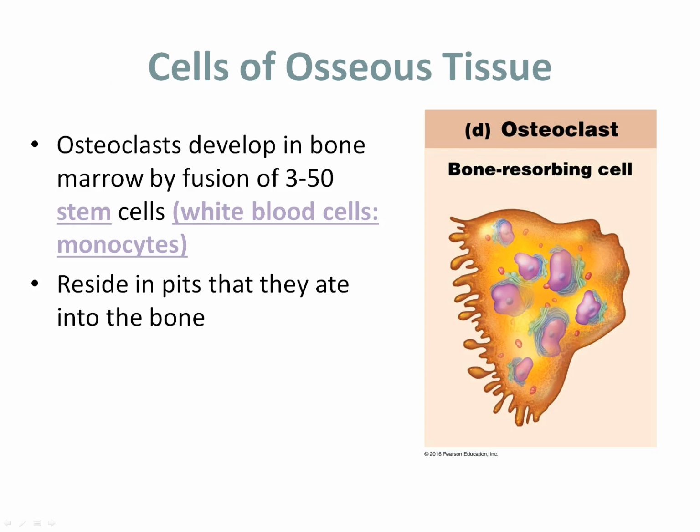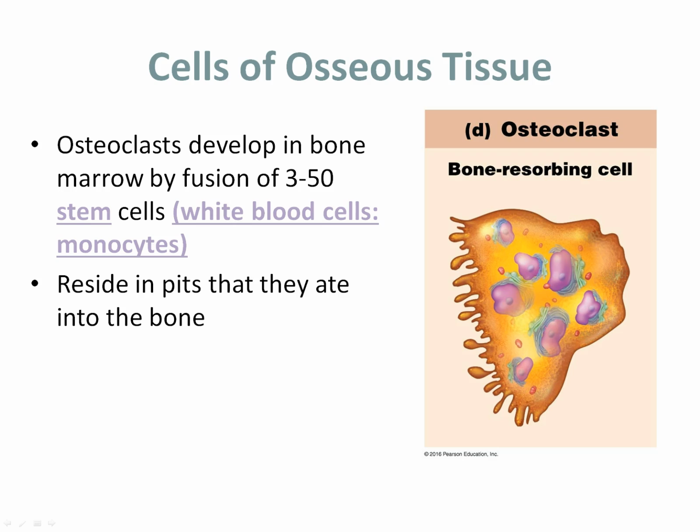Our fourth and last cell of osseous tissue is the osteoclast. This is a bone resorbing cell, and these develop in bone marrow by the fusion of 3 to 50 stem cells. Specifically, these stem cells come from a white blood cell called a monocyte.